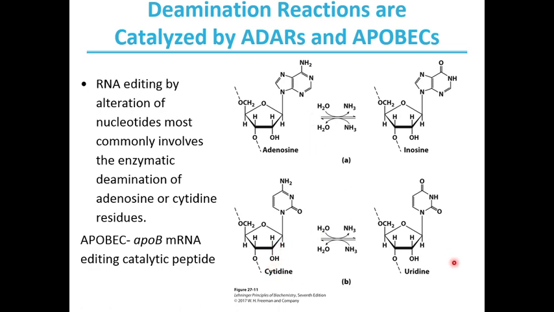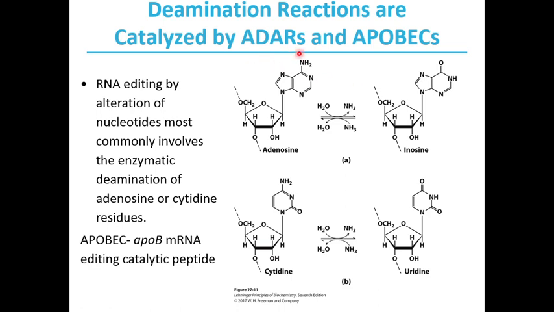Cytidine to uridine deamination is catalyzed by the APOBEC family of enzymes, or ApoB mRNA editing catalytic peptide family, which includes activation-induced deaminase enzymes. Both ADAR and APOBEC groups of deaminase enzymes have homologous zinc-coordinating catalytic domains.